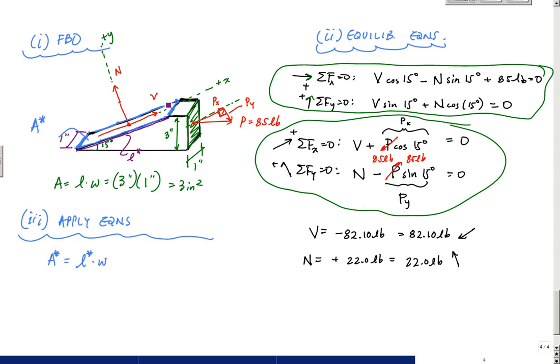If I know that this vertical height is 3 inches and my angle is 15 degrees, I just know that sine of 15 degrees is equal to the opposite, 3 inches, over the hypotenuse, which is L star.